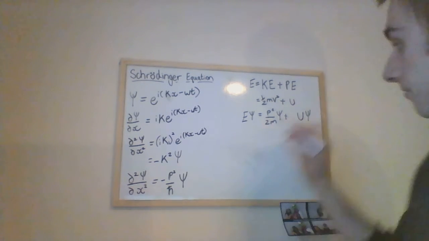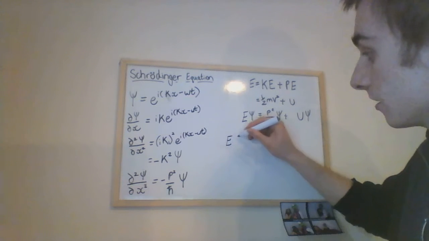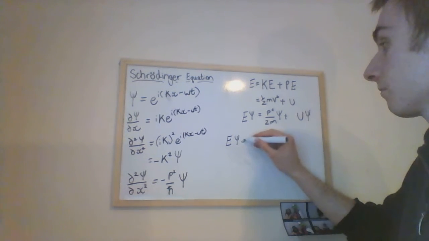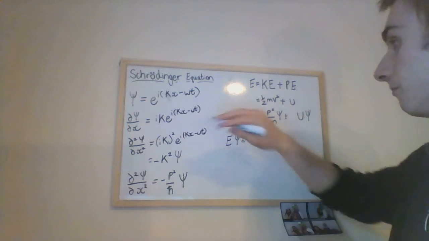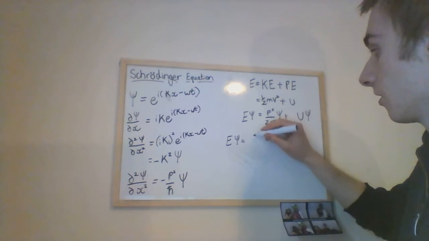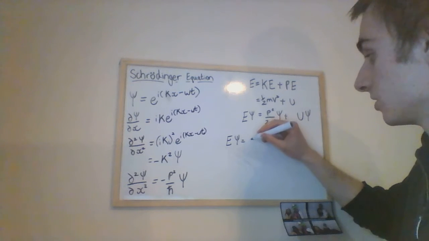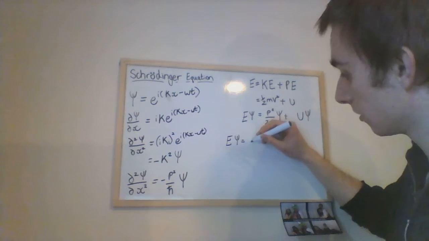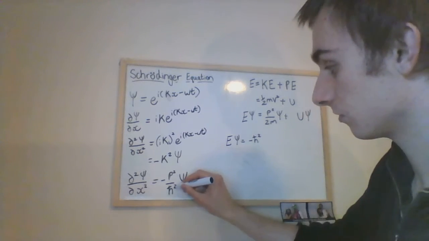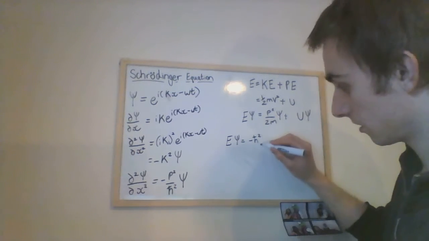So we have E times the wave function is equal to minus h bar squared, just bringing that up there. Oh, yeah, that should have been squared.